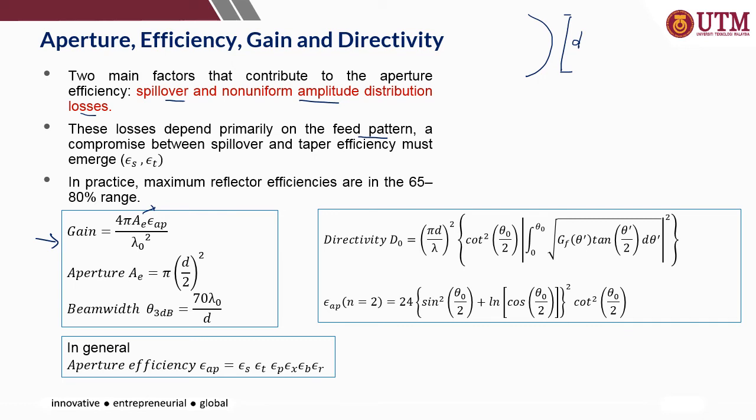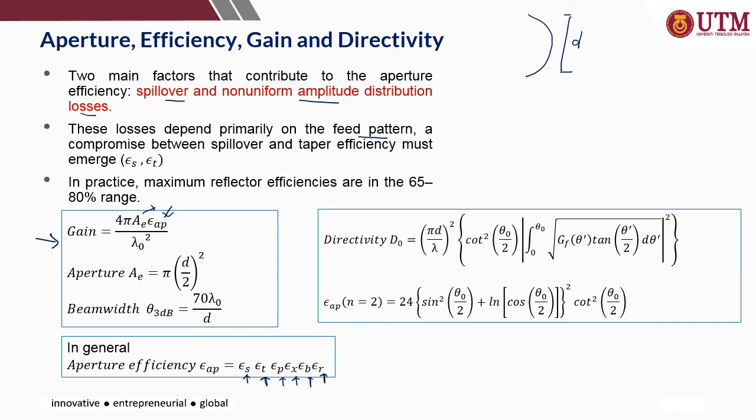Okay, and then epsilon AP is the aperture efficiency. Aperture efficiency is the product of the other efficiencies such as the spillover efficiency, taper efficiency, phase efficiency, polarization, blockage, and random efficiency.